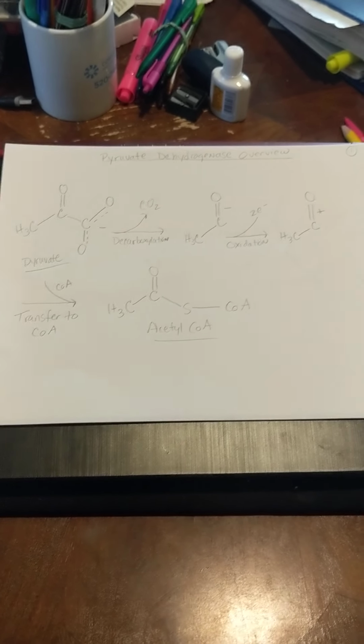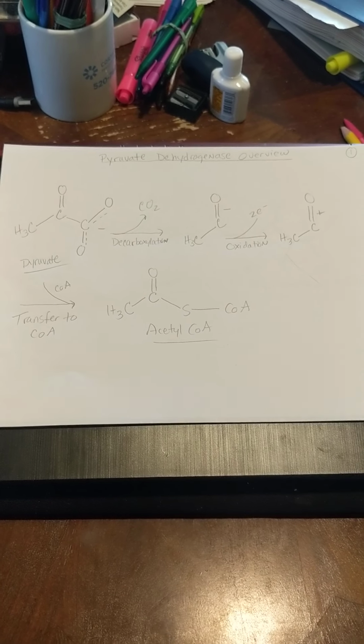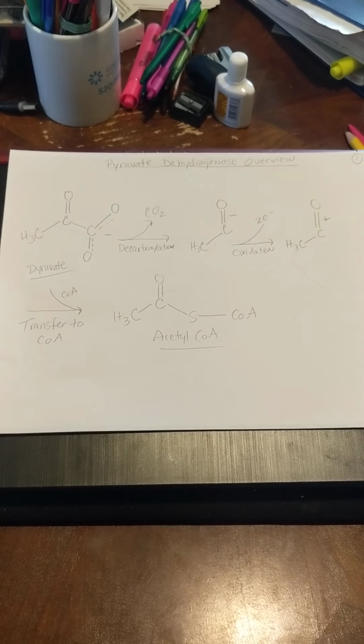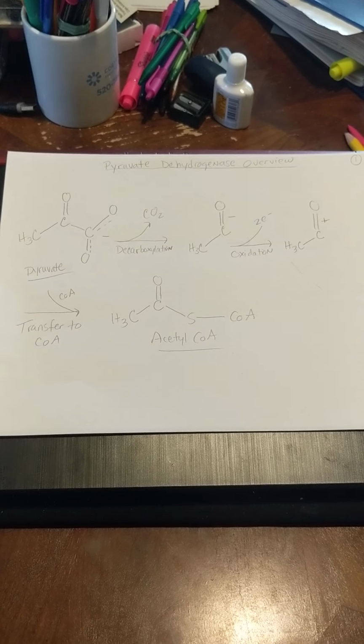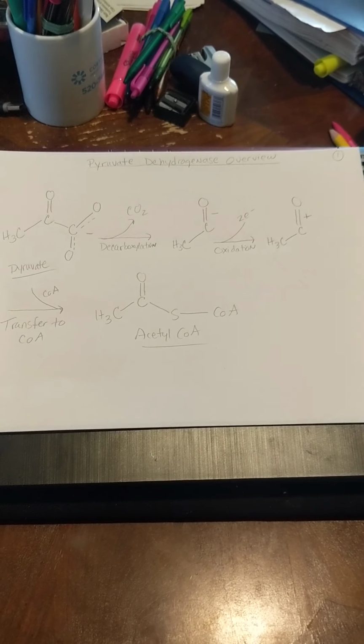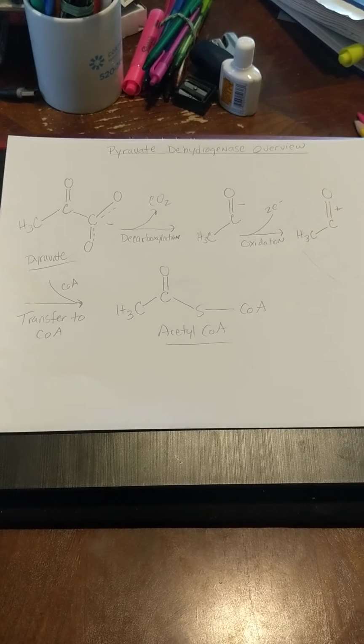The pyruvate dehydrogenase complex is a key step in metabolism. It is the link between glycolysis and the citric acid cycle, allowing complete oxidation of glucose.